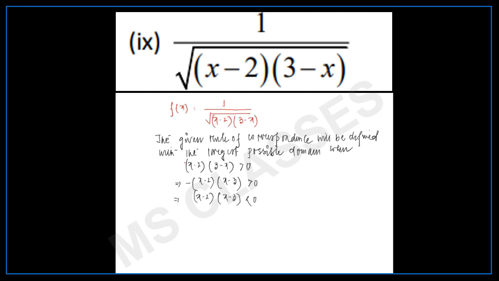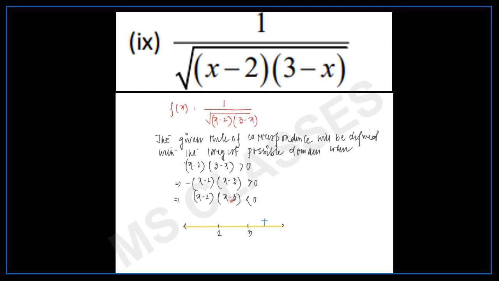Now, all of you know, we take a number line with 2, 3 as the critical points. On the right hand side of the highest critical point, we put plus, because if you take any number more than 3 and put it here, you get a positive value of this expression.